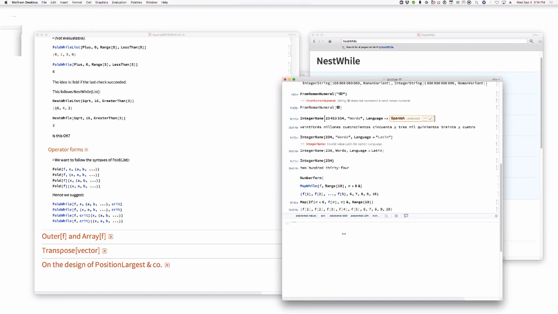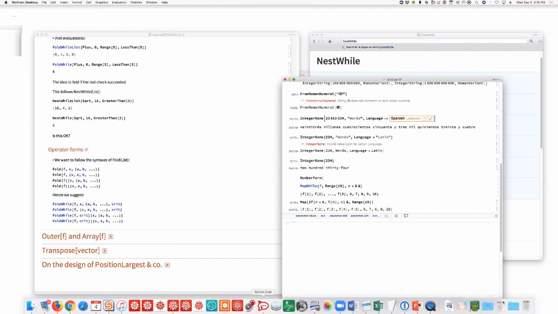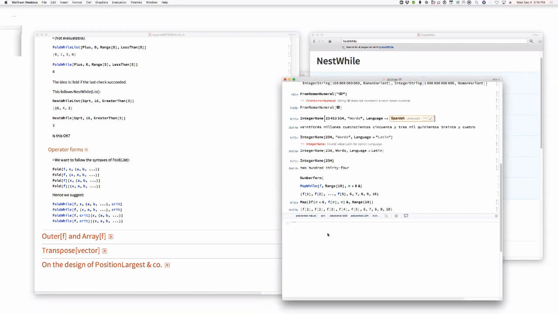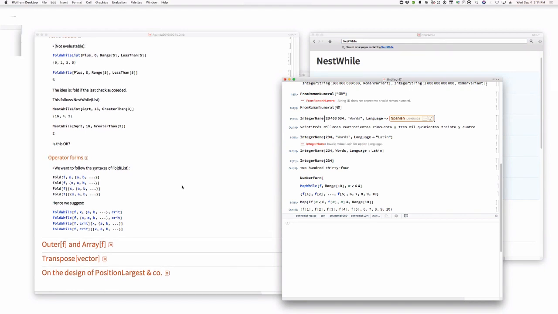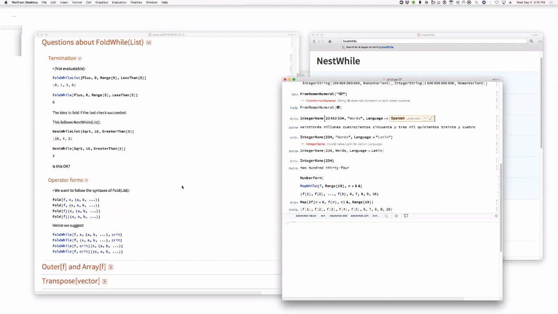All right, so back to this. Okay, what is the question here? My impression is that we cannot change FoldWhile. Sorry, NestWhile. It has been there for too long.